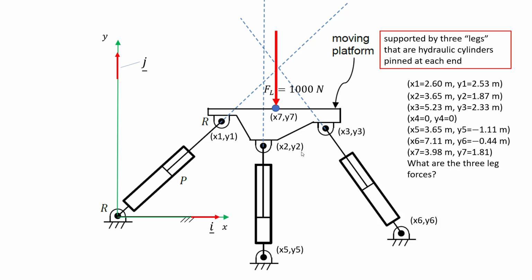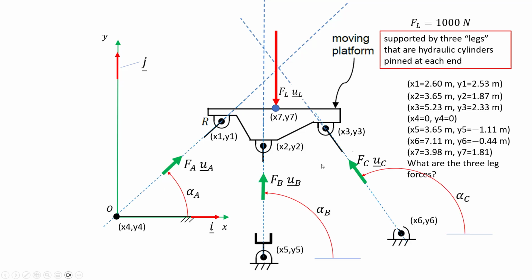So let's see if we can generate a free body diagram of the moving platform. To do that, I want to identify the lines of action of each of the legs, which I've done. I've got scalar forces and unit vectors for each leg. I call it the A leg, the B leg, and the C leg.